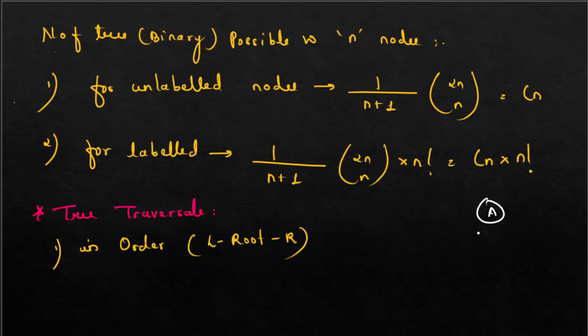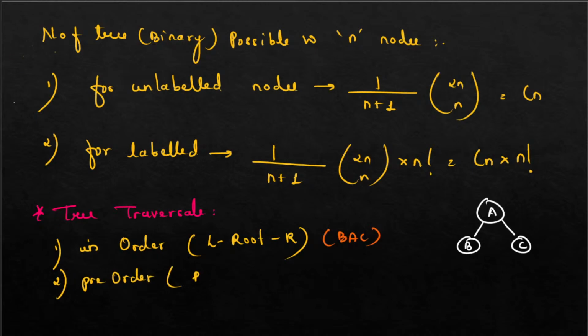So this is A, this is B, this is C, like this. So in order traversal, what are we going to consider here? BAC, like this. Second is pre-order, which is root left right, and that will be ABC according to the example, if you can see.